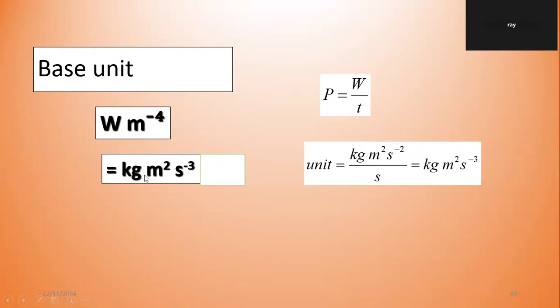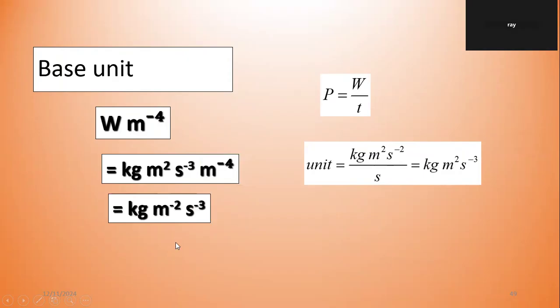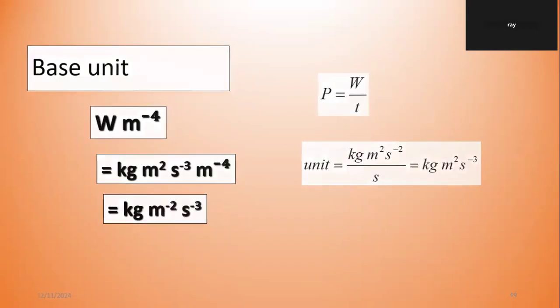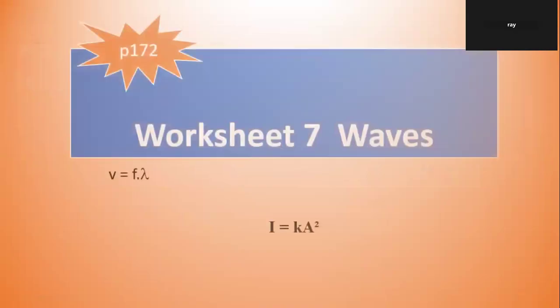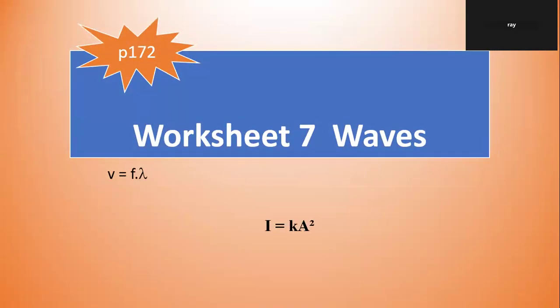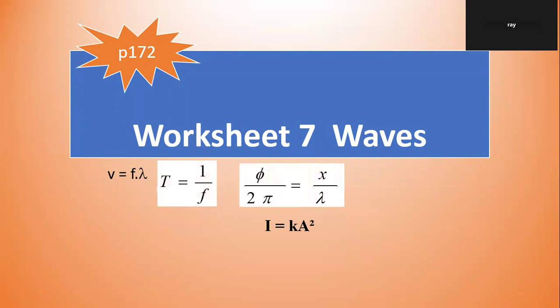Then meter to the power of minus 4. To simplify it, so that's the base unit. Don't memorize, know how to get it. Important. The examiner can ask you in a multiple choice question anything related to what you study. So all these formulas you need to remember and know how to use.